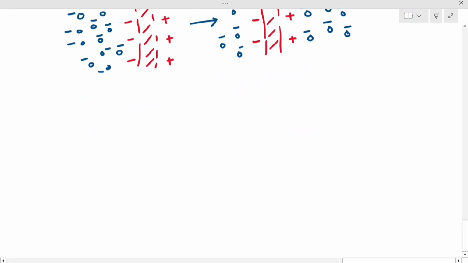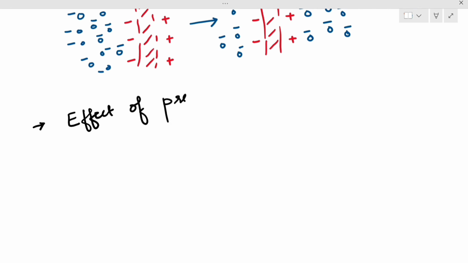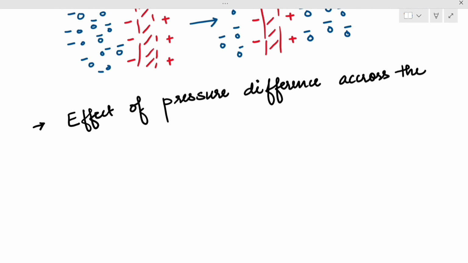Now the last point is the effect of pressure difference of the membrane.